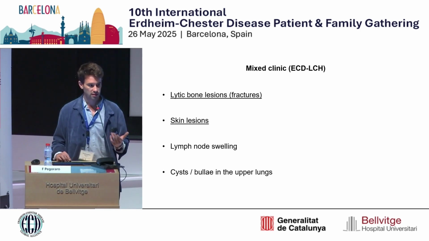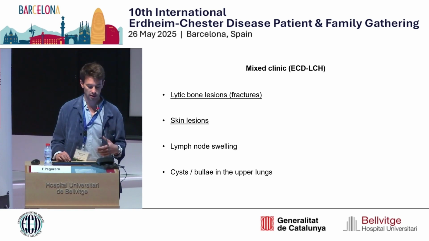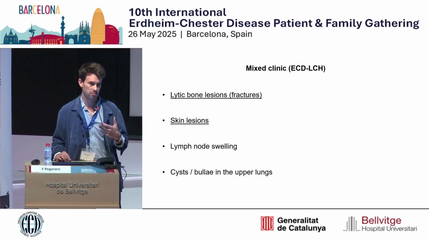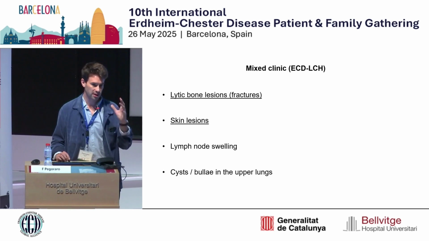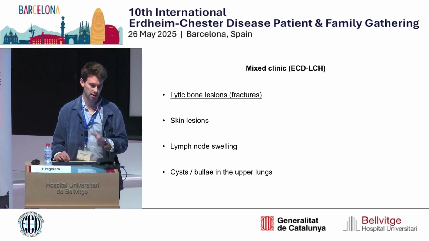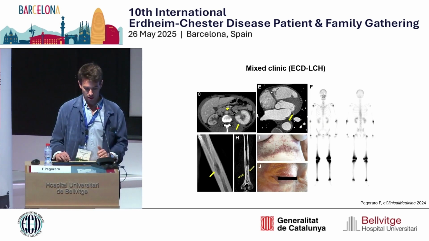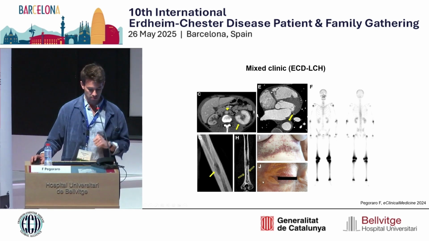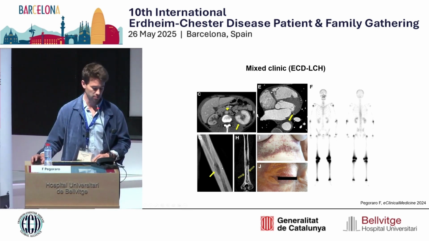Of course, we can also have other features, such as lymph node swelling, and also some lung lesions that we can see at the CT scan, which are quite typical of LCH and quite different from what we see in ECD. Just to show some examples, here we see what a lytic lesion might look like.